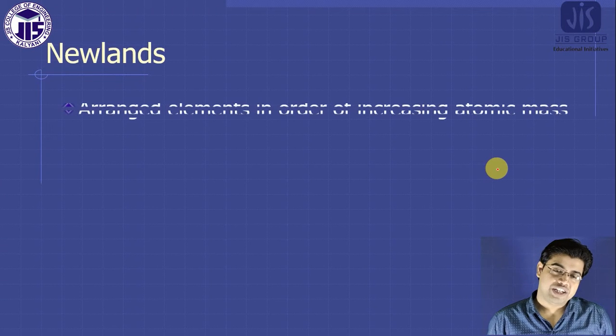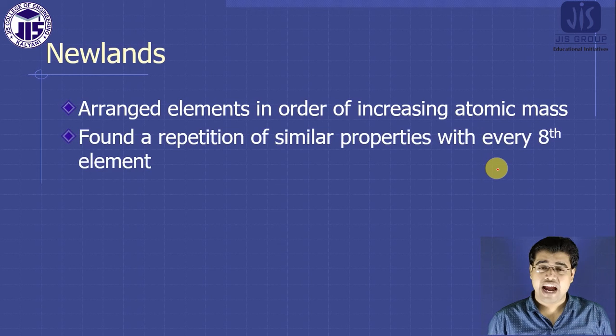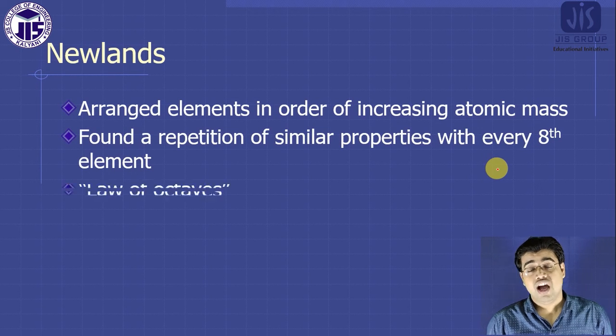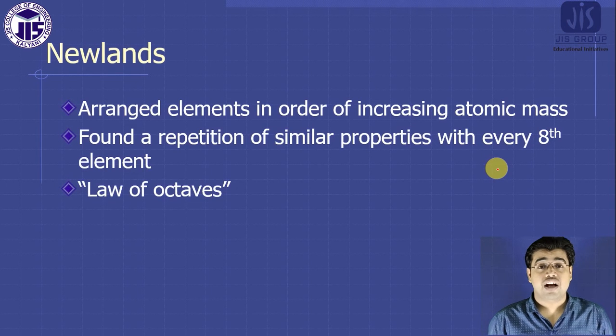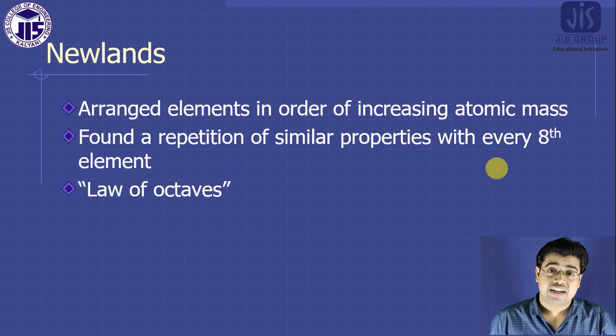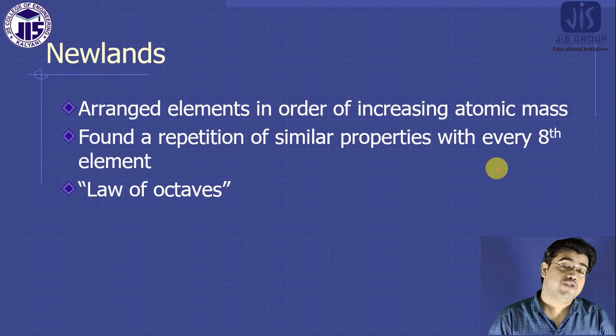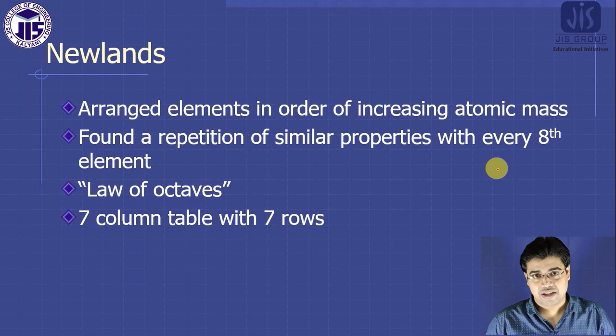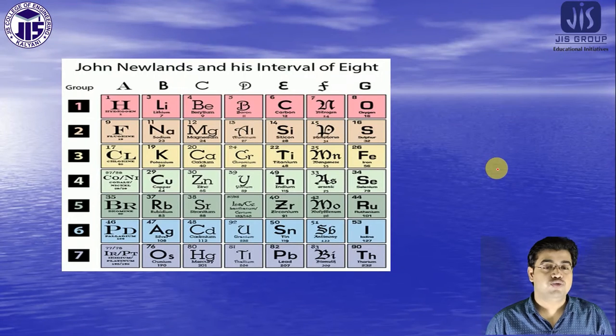Why is it called octaves? Newlands established the arrangement of the elements such that with respect to the first element, if we move to the 8th element, that means after the 7th element, at the 8th element, there will be a similarity of the elements.